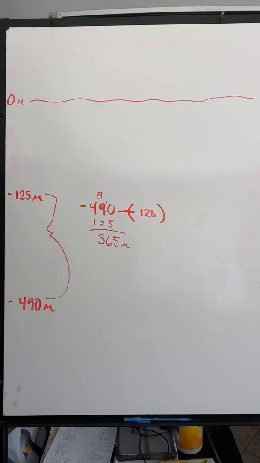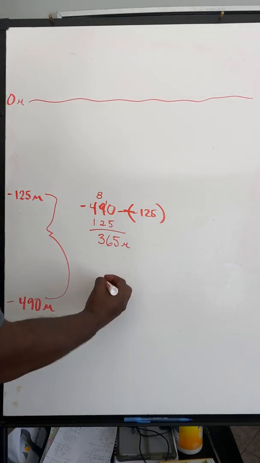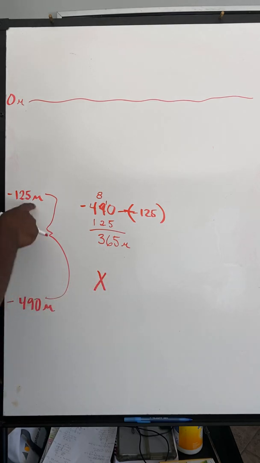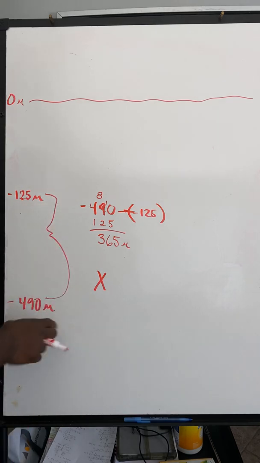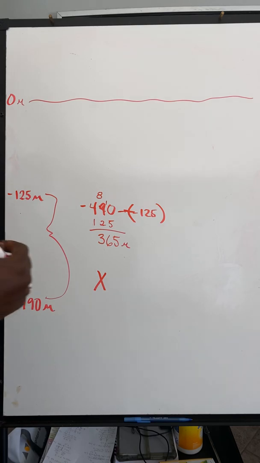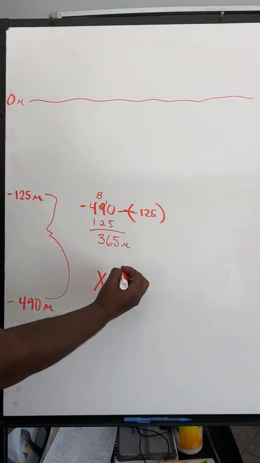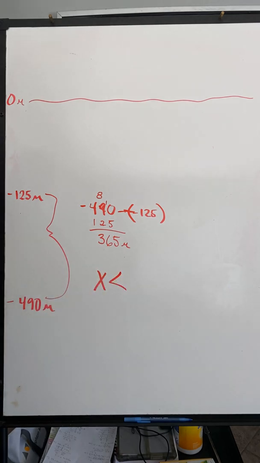So how would we write that as an inequality? If I said x represents how many meters the person can go down, in terms of an inequality, that tells us that the distance in meters, x, is going to be less than, correct?